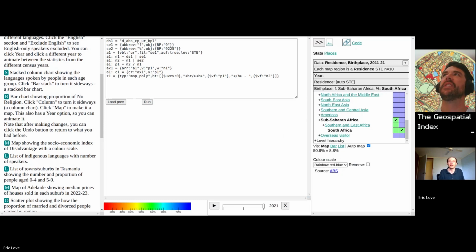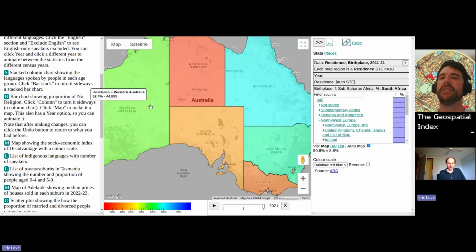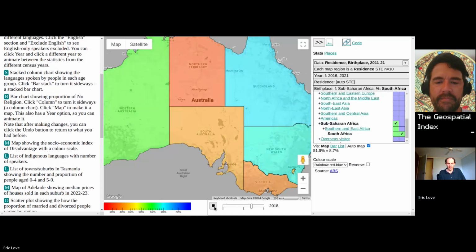Okay, because you had an animation in there for one of the variables, does that mean that in this case, I have that table populated for 3 different census years? So 2011, 2016, and 2021.